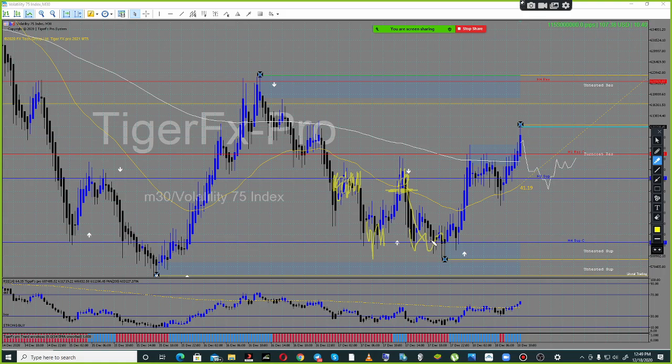So you must wait for a break. If price is too close to a resistance or support, wait for it to be broken, and then take a trade. Most precision traders enter a trade here and put their stop loss below that level. It's no longer a resistance, because price is above it.